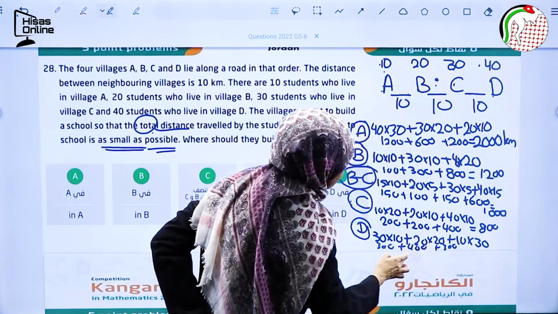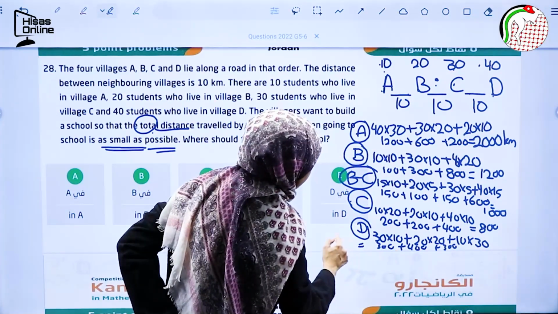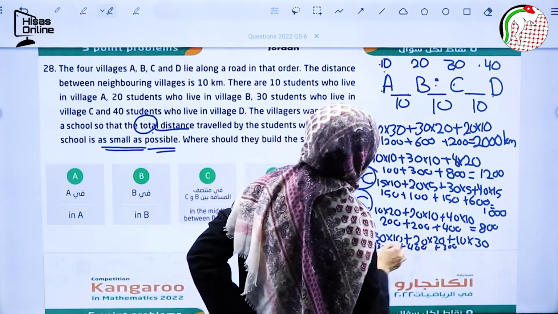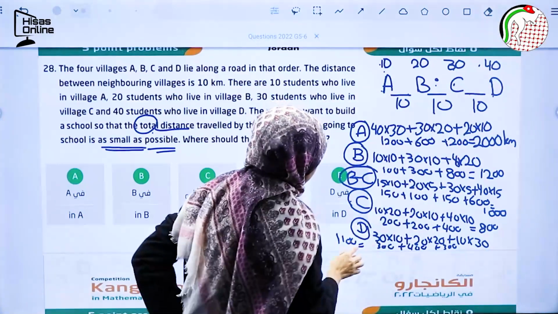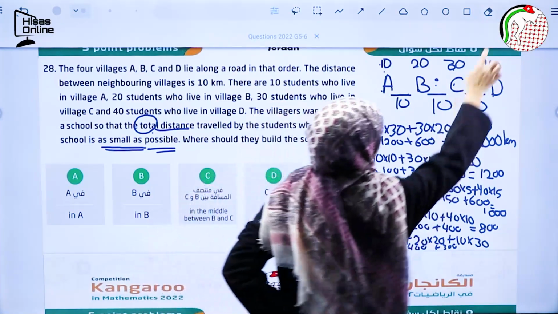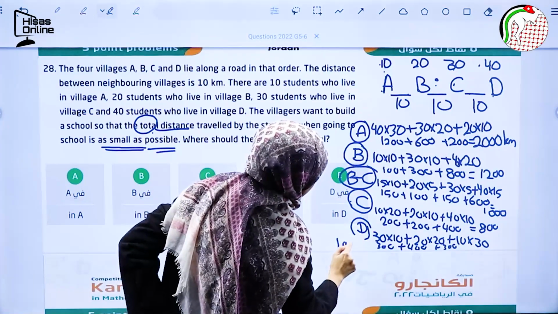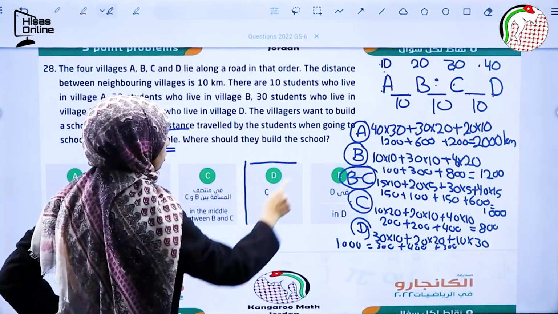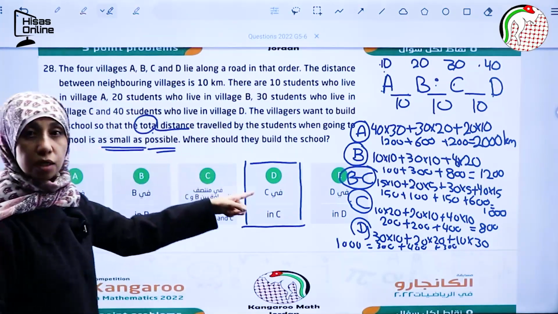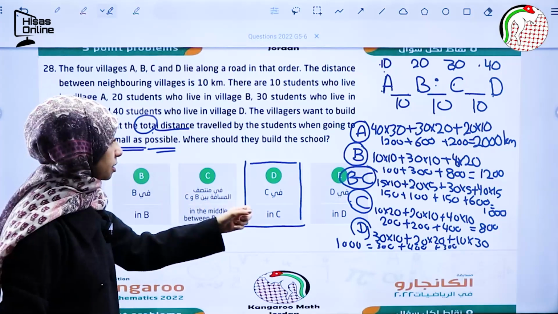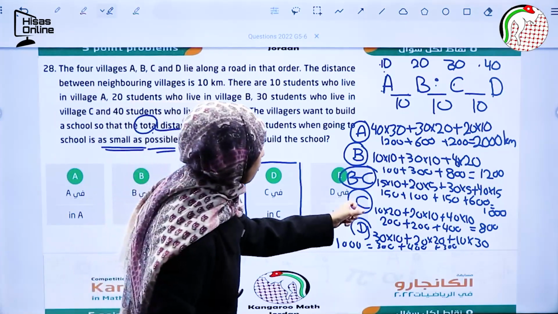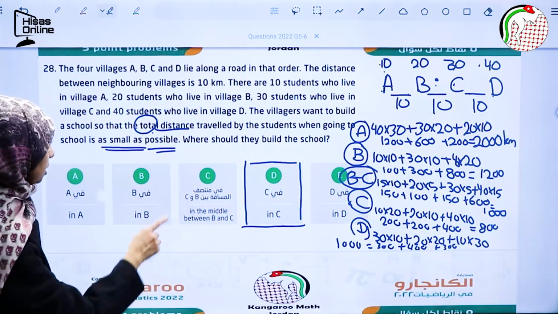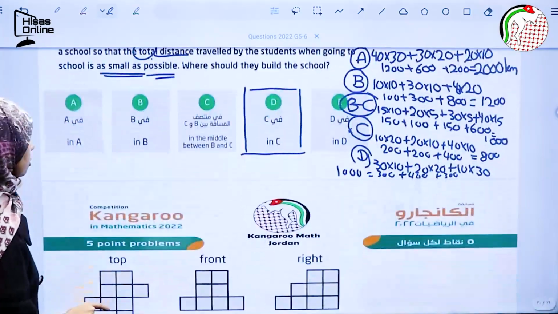That makes 1,000. 1,000 kilometers here. So the smallest possible distance that they can move in this question is when they build the school at village C. So C, D is the right answer, in C, if they build the school in C.